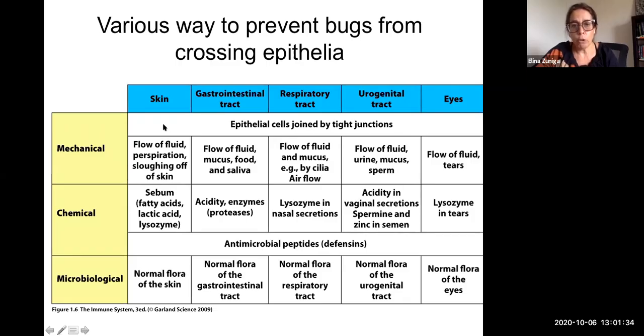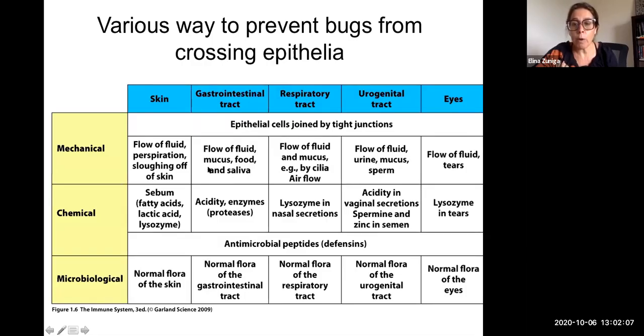And so in all of them, you have these epithelial cells joined by tight junctions that provide a mechanical barrier to impair the entry of the pathogens. But you also have other means that mechanically impair the entry of the pathogen. And that includes, for example, flow of fluid or perspiration.